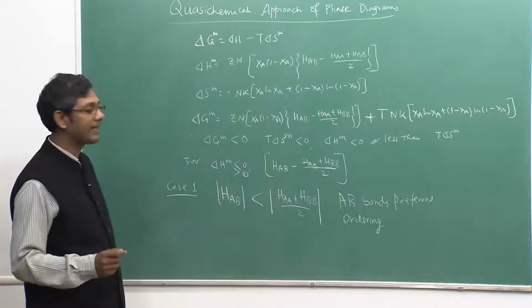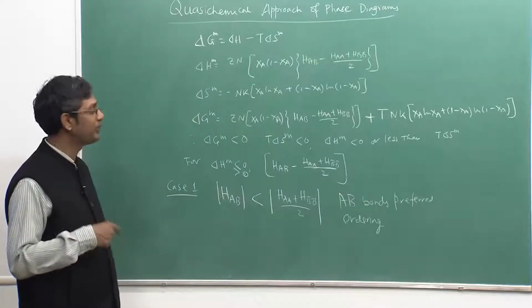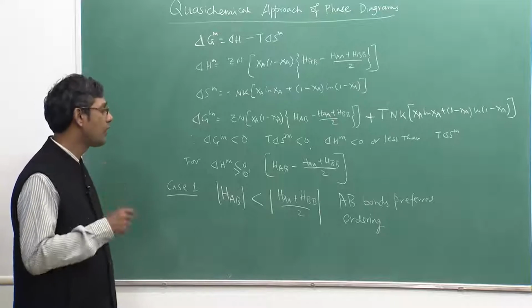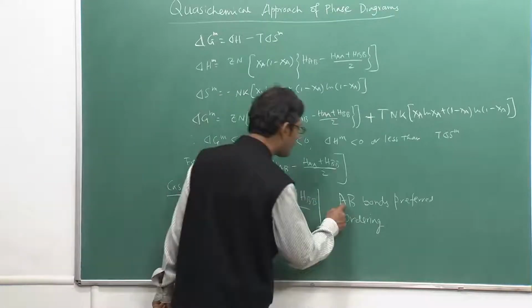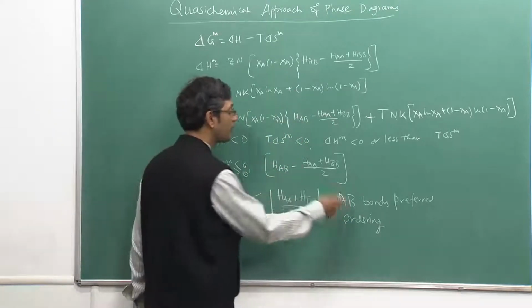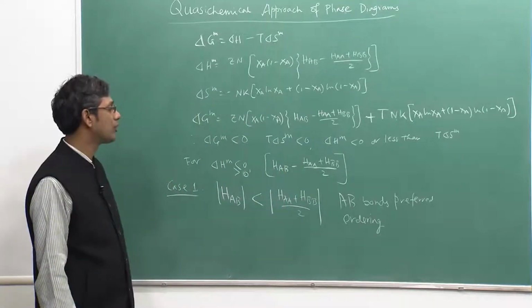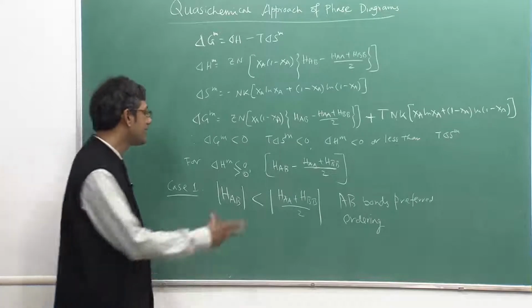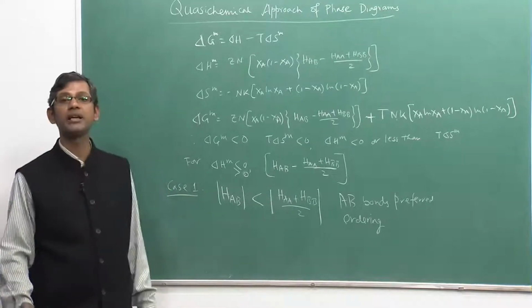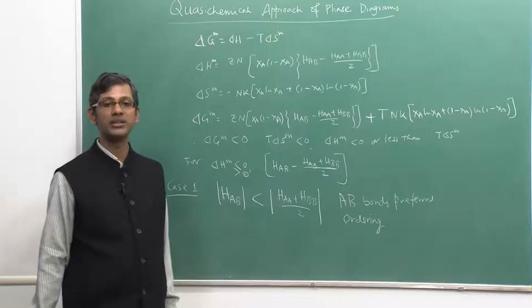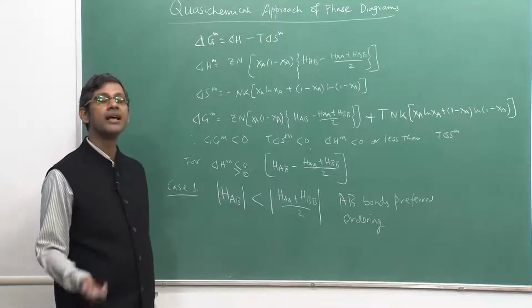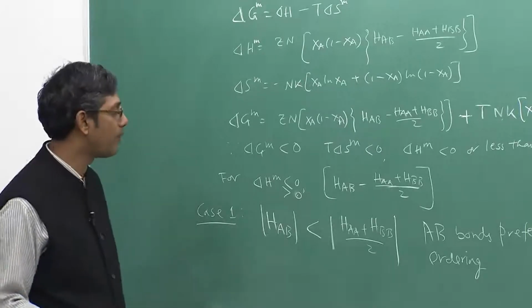It will never be that an A atom is surrounded by A atoms or a B atom is surrounded by B atoms. It will always be the case that an A atom is surrounded by B atoms, or otherwise a B atom is surrounded by A atoms. That is nothing but ordering or superlattice formation. This is the situation for most of the intermetallic compounds we discussed, intermediate compounds like NiAl, Ni3Al, FeAl. There are many intermetallic compounds I have discussed.